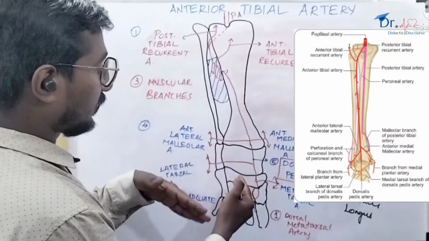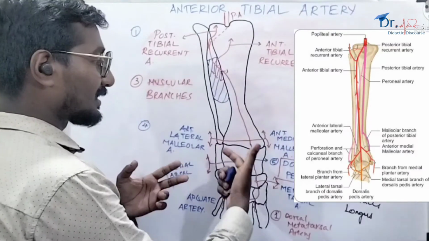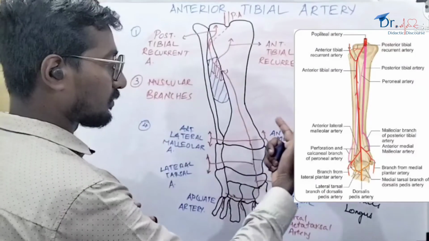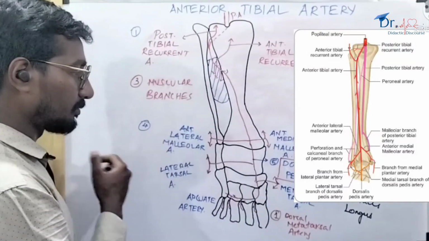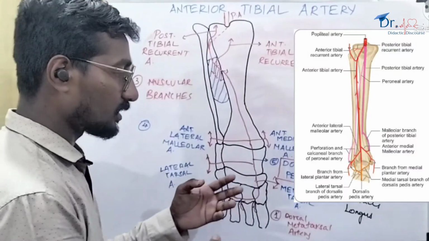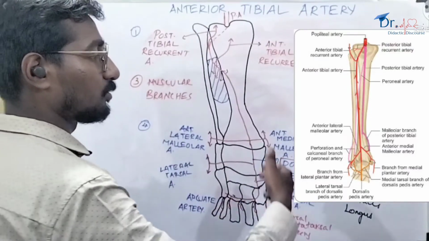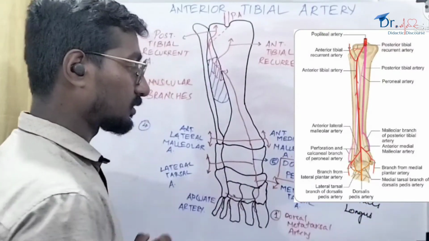And in front of the lower extremity of the tibia, the anterior tibial artery gives out two branches, the anterior medial malleolar artery as well as the anterior lateral malleolar artery, and it gives rise to the dorsalis pedis artery. The peculiarity about the dorsalis pedis artery is that you palpate the pulse lateral to the extensor hallucis longus tendon.